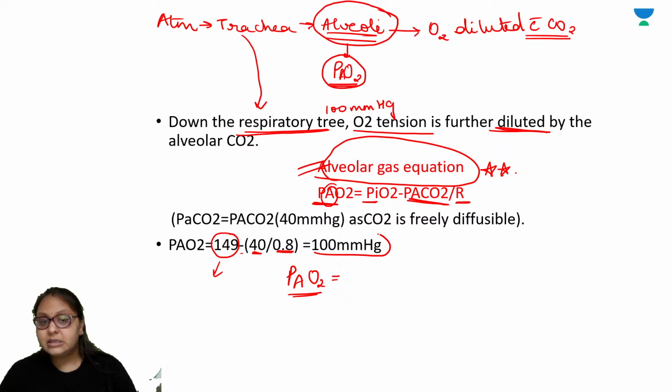So that gives us around 100 millimeters of mercury. So at the level of the alveoli, the partial pressure of oxygen is only 100 millimeters of mercury.